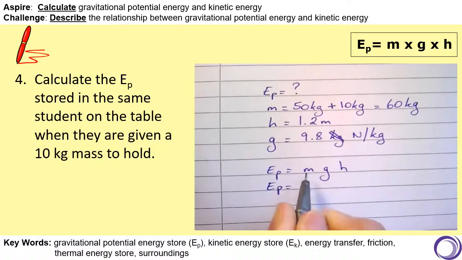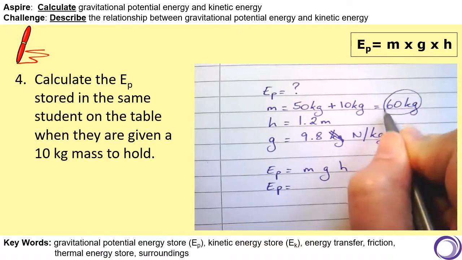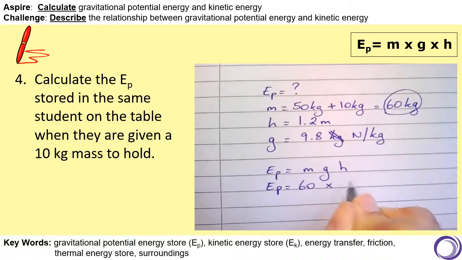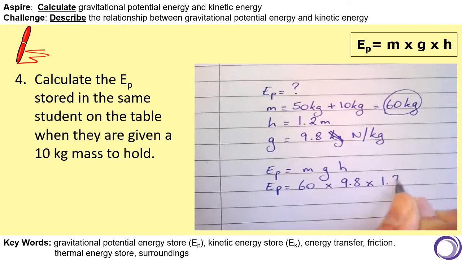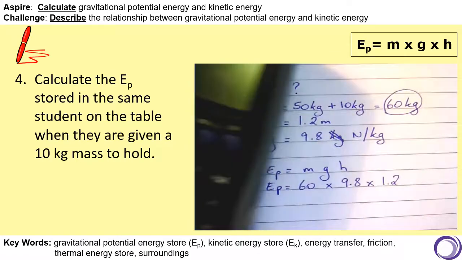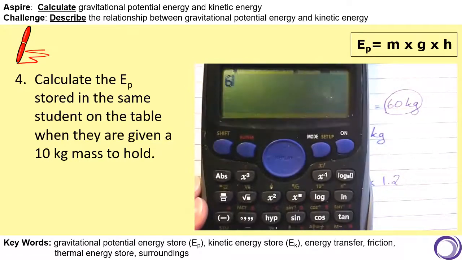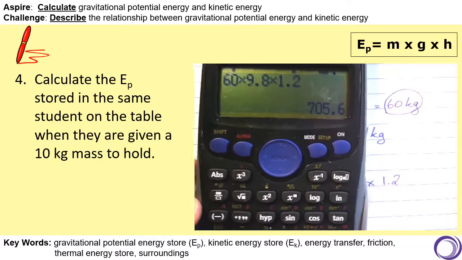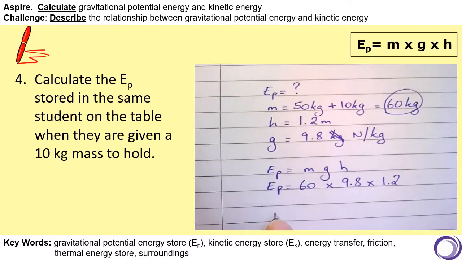EP equals, the mass is this one here, 60 kilograms, times G, which is 9.8, times H, which is 1.2. So get your calculator and you do 60 times 9.8 times 1.2 equals 705.6. So this time my gravitational potential energy is 705.6 joules.